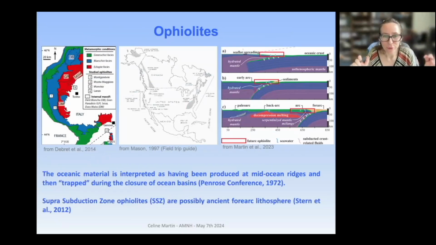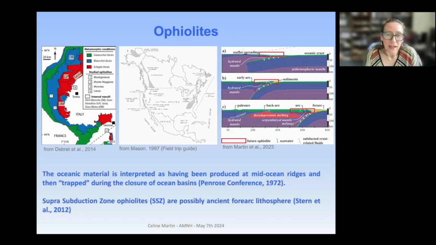Another problem when you try to detangle what's happening in terms of serpentinization related to subduction zones is the ophiolite, or the so-called ophiolite. Very often, as soon as there are serpentinites found on land, in mountains, sutures, etc., it's called ophiolite.